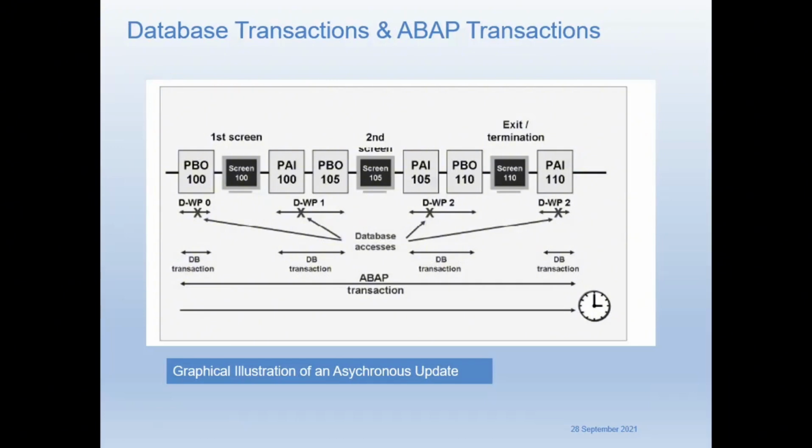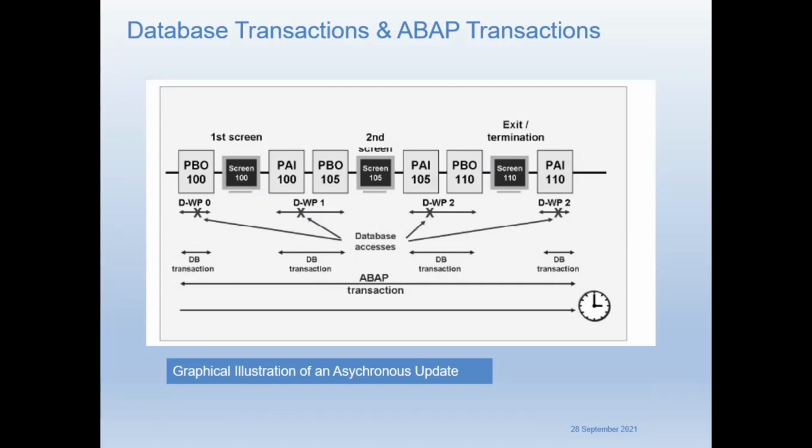That means to generate one screen from the DB, one DB transaction will be called. If you contact the DB 100 times, we can call this 100 DB transactions, but the ABAP transaction or SAP transaction will be only one.